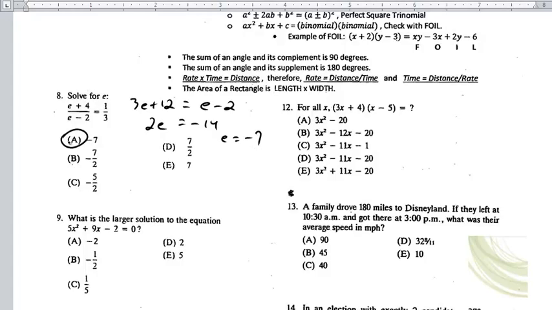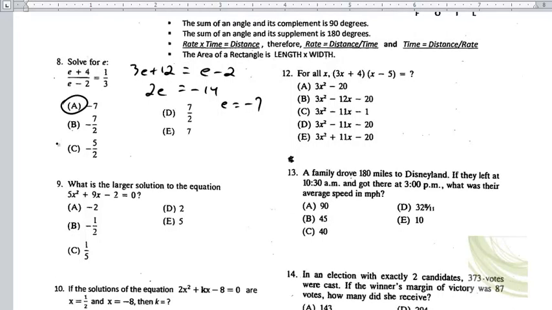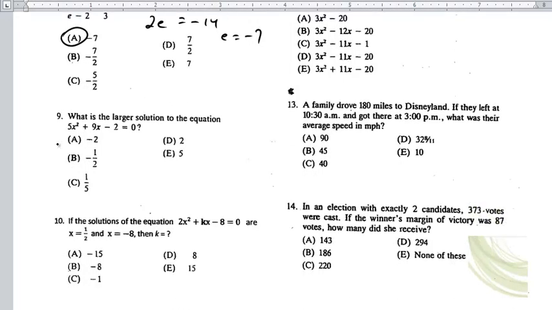Okay, what is the larger solution to the equation? So this is factoring. All right, you could use polysmult if you know how to use it in your calculator, which I have a video on. If you don't know how to use it, you've got to factor by hand. All right, can't really teach you how to factor because that's like a couple weeks' worth of knowledge. Hopefully you remember. So (5x minus 1)(x plus 2) is equal to 0.